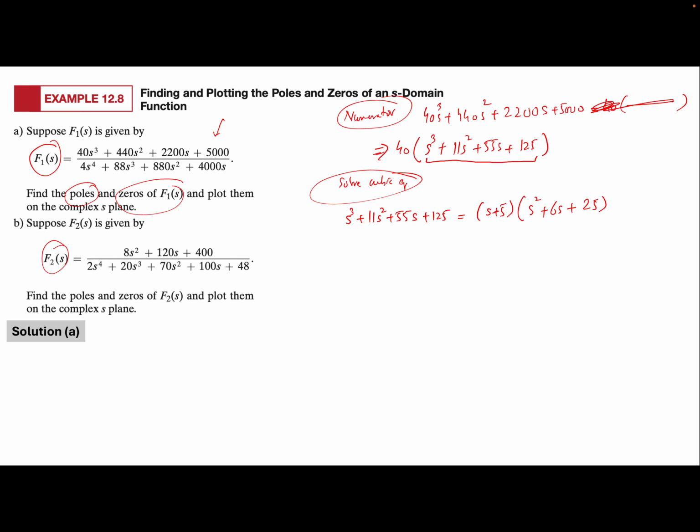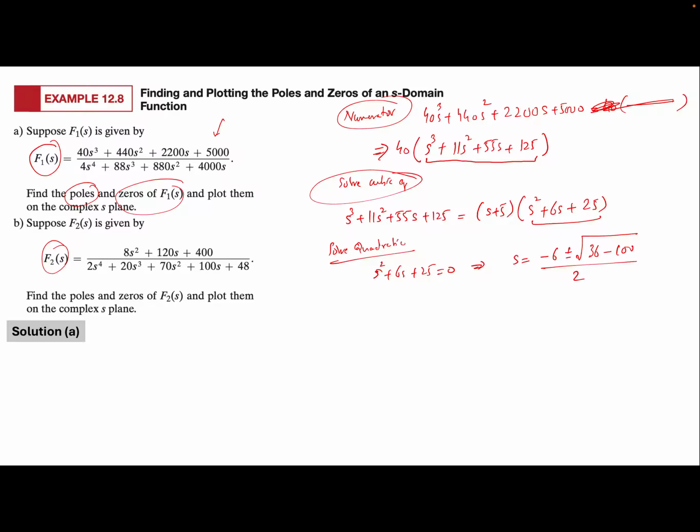Then solve the quadratic equation. So s squared plus 6s plus 25 equals 0. Again, s equals minus b plus or minus the square root of b squared minus 4ac, all divided by 2a, where a is 1 and c is 25.